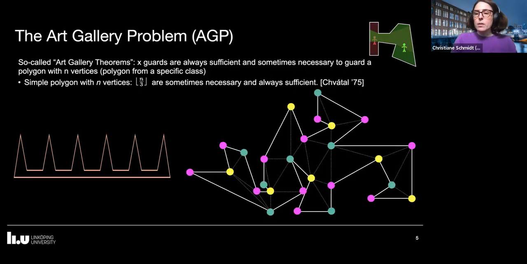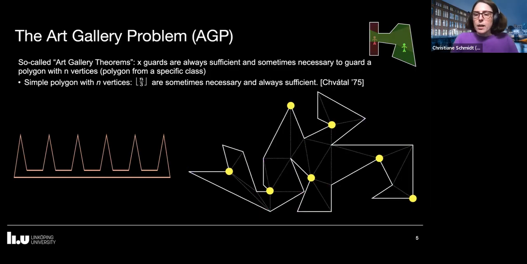Then we use the least frequently used color. By the pigeonhole principle, that will be at most n over 3 rounded down many guards. And we see everything because we have 1 guard incident to each triangle, so this guard will see that triangle. We see all the triangles.